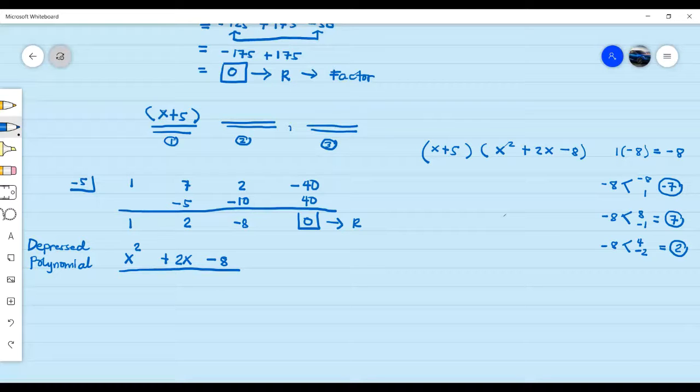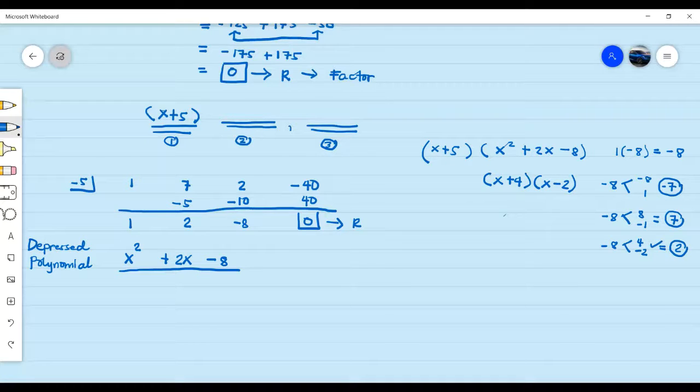So that's why it's very important that you master your multiplication table, because every time you do factoring, you have to have a good memory of your multiplication table, and not just a memory, of course, but a good understanding of what the factors are using the multiplication table. So now, the factors of this one will be x plus 4 and x minus 2.